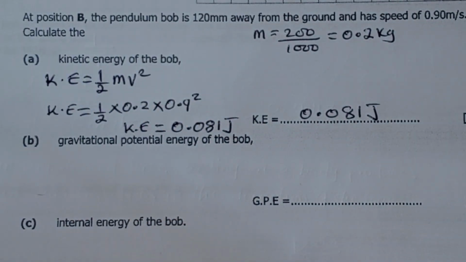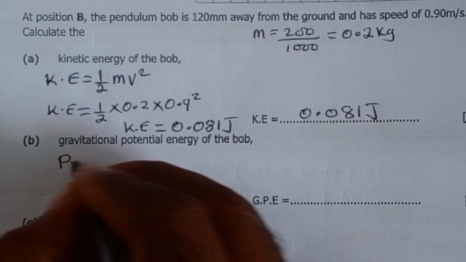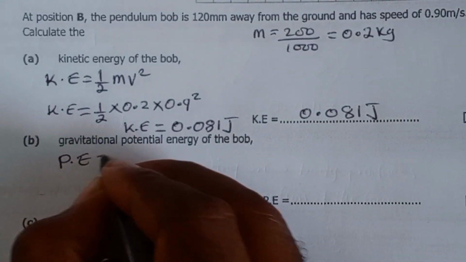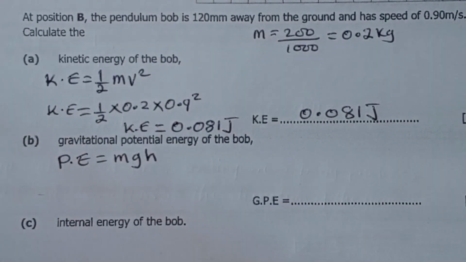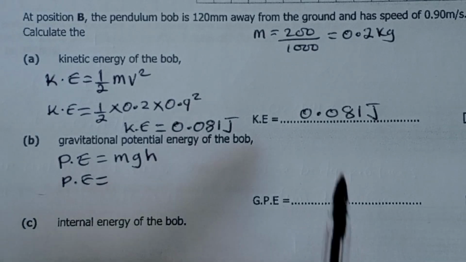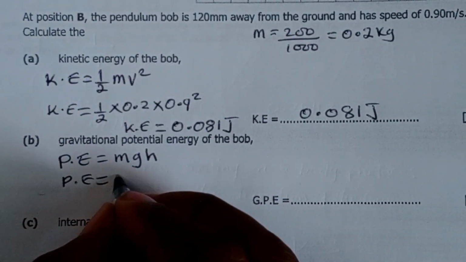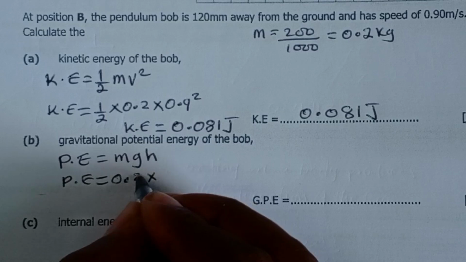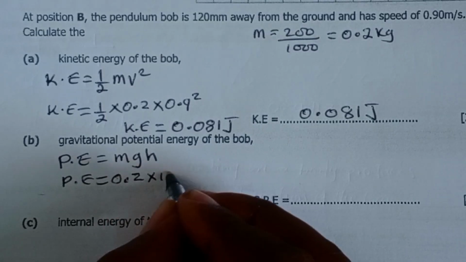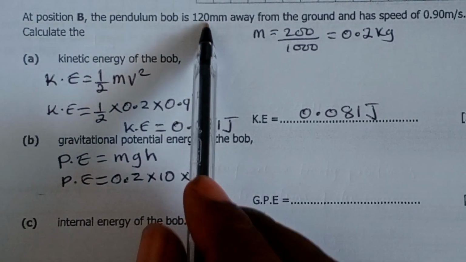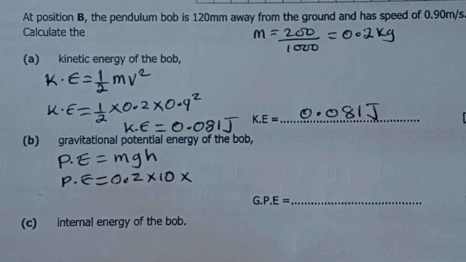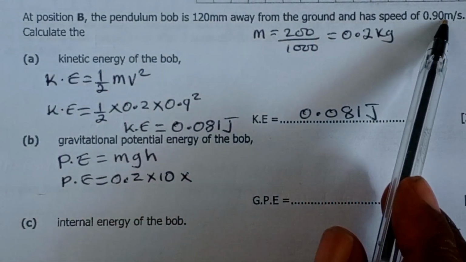Part B, calculate the gravitational potential energy of the bob. Potential energy is equal to mass times gravity times height. Mass is 0.2 kg. So 0.2, gravity is constant, which is 10, times height. So the height, remember, is 120 millimeters. That 120 millimeters has to be converted to meters.